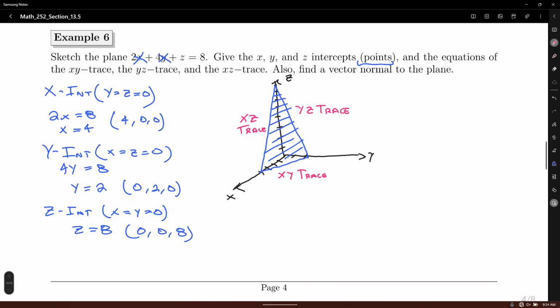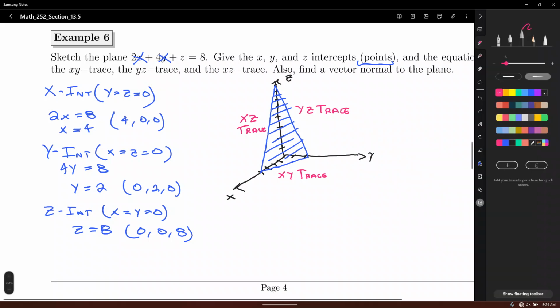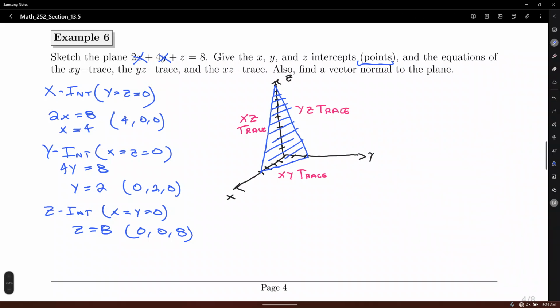Notice those diagonal lines only involve two variables. We should eliminate one of the variables. How do we do that? For instance, if I want to describe the xy trace, which letter is missing from the 3? Isn't that the letter z? So that means we set z equals 0. Another peekaboo, but in this case it's just one variable.